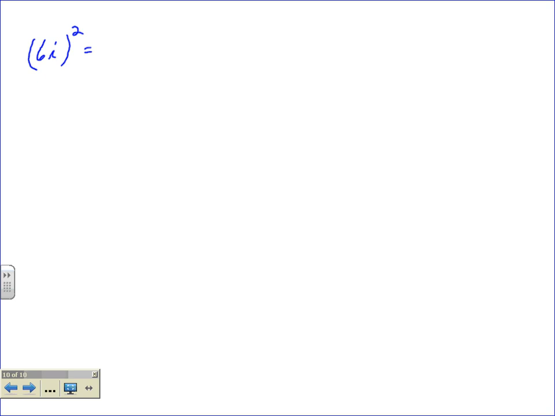So this would equal 36i squared. And if you remember from the previous screen, what does i squared equal? -1. And 36 times -1. So 6i squared is -36.